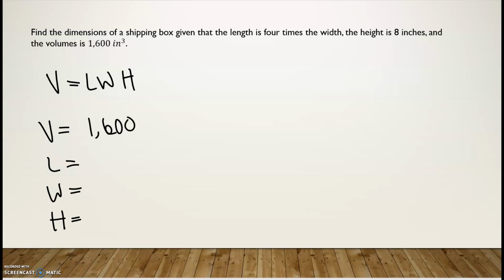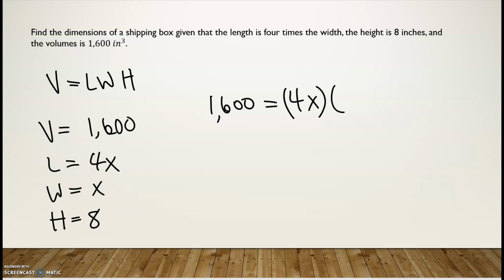The length is 4 times the width, so I'm going to say that the width is just x, and then I'm going to write the length in terms of the width. So length is 4x, and they say the height is 8. So then we have 1600 is equal to 4x times x times 8.